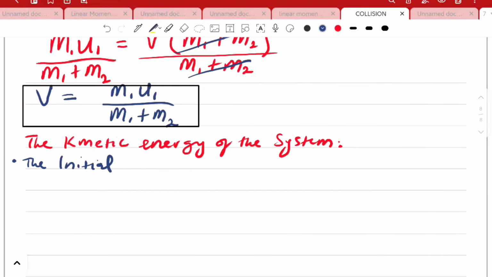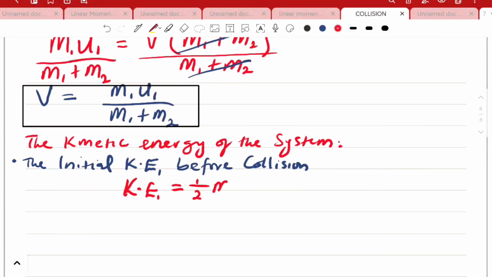So the initial kinetic energy will be represented with KE1, before collision, which is U. That's what differentiates that. So we have KE1 is equal to 1 over 2 M1 U1 squared plus 1 over 2 M2 U2 squared.